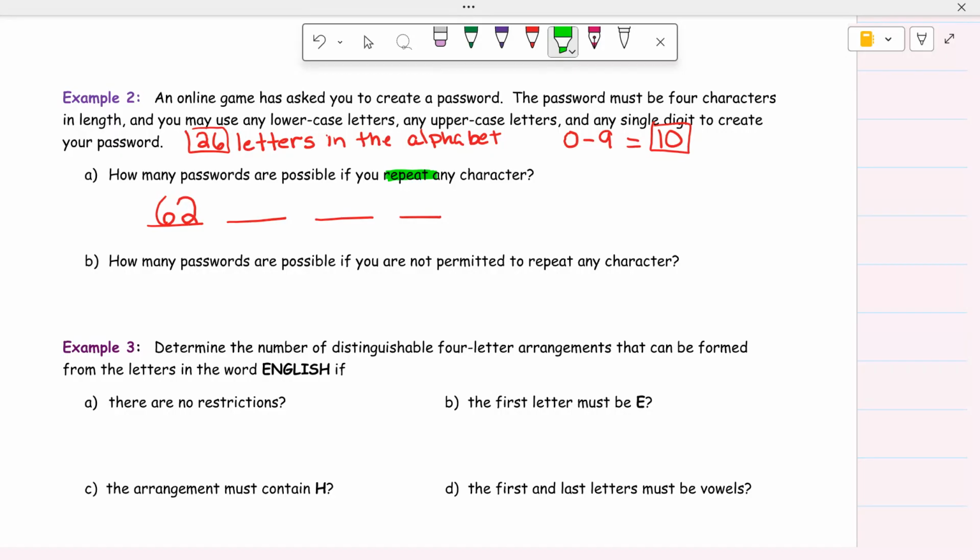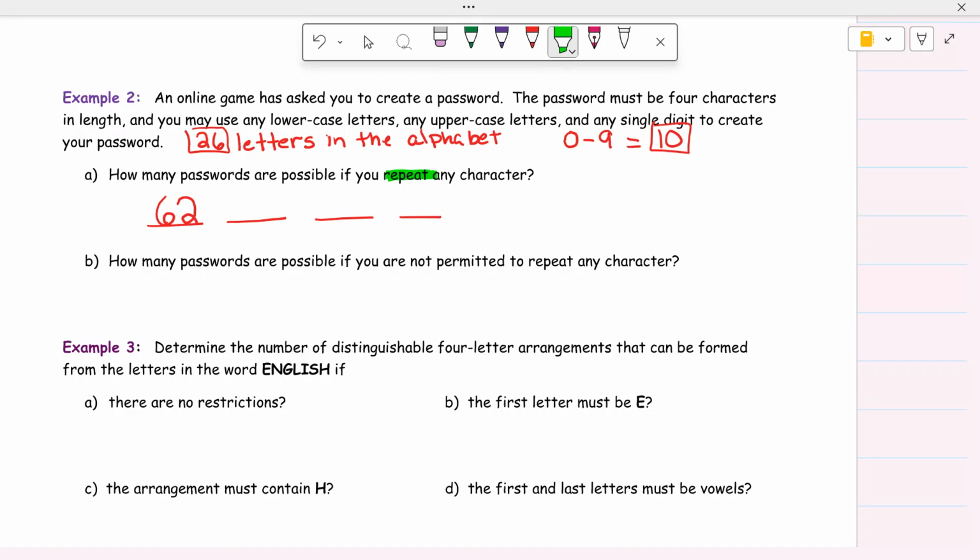Okay? So then, if I'm picking this part of my password first, because it doesn't matter on the line where you start. Do you guys agree in this context? Because are we multiplying all the numbers in the end? So it doesn't matter where you start. So I always start on the far left unless I have more restrictions, right? Because it might say the end has to be a digit. So then I would start there.